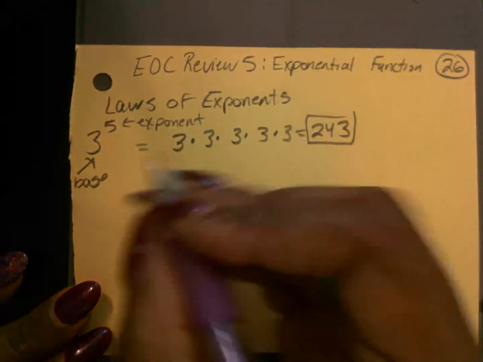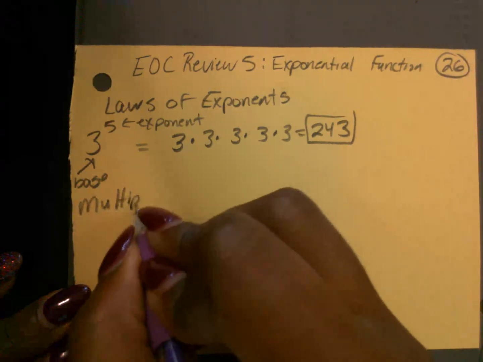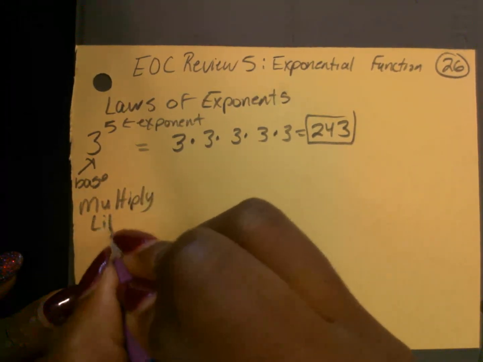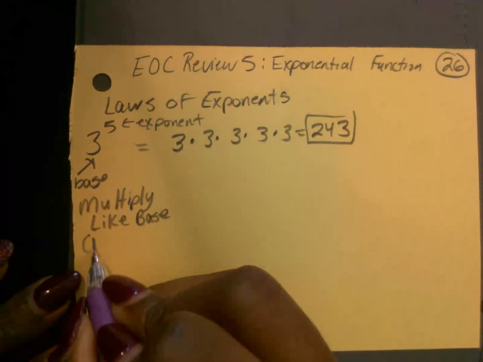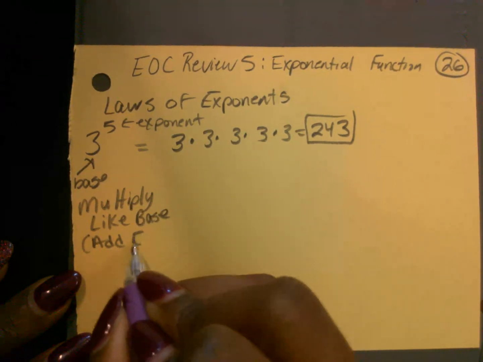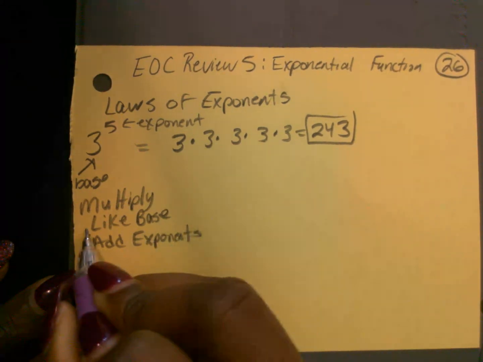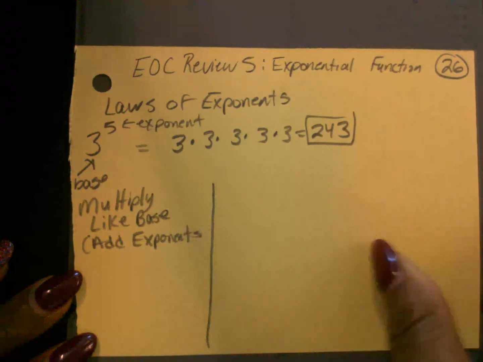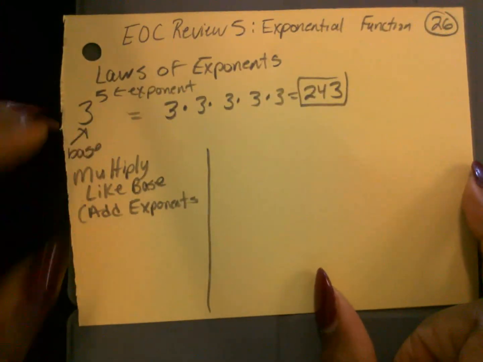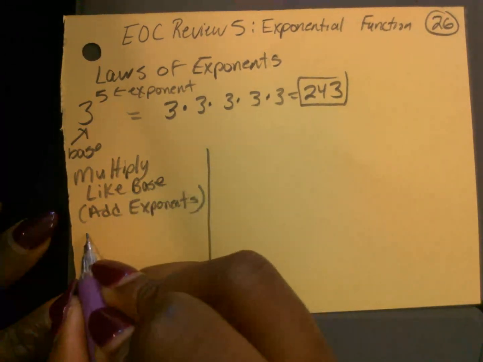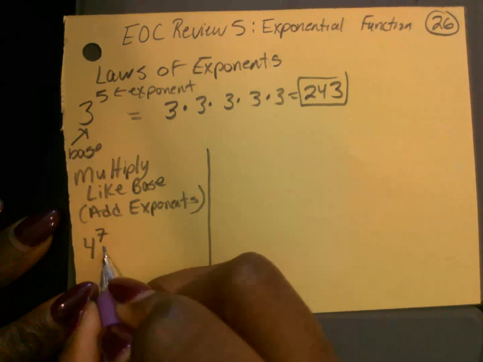When you're multiplying like bases, so we're going to write multiply like bases, you add the exponents. That looks like this. You may have 4 to the 7th power times 4 to the 5th power.